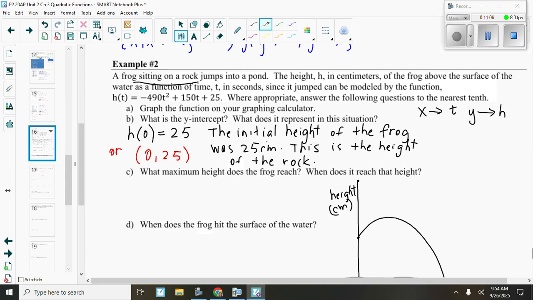These are two different ways of saying the same thing. The only thing that I don't want is h equals 25, just an h, or y equals 25. It has to be h at 0, so that's function notation or a coordinate pair.